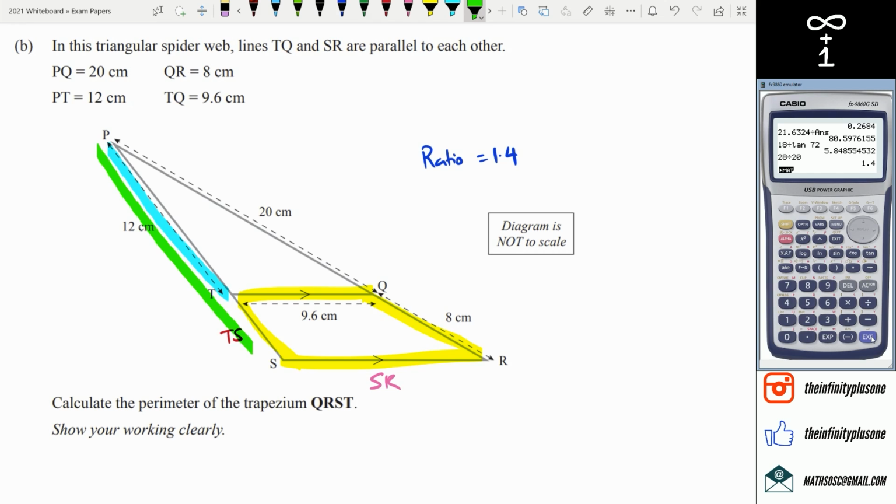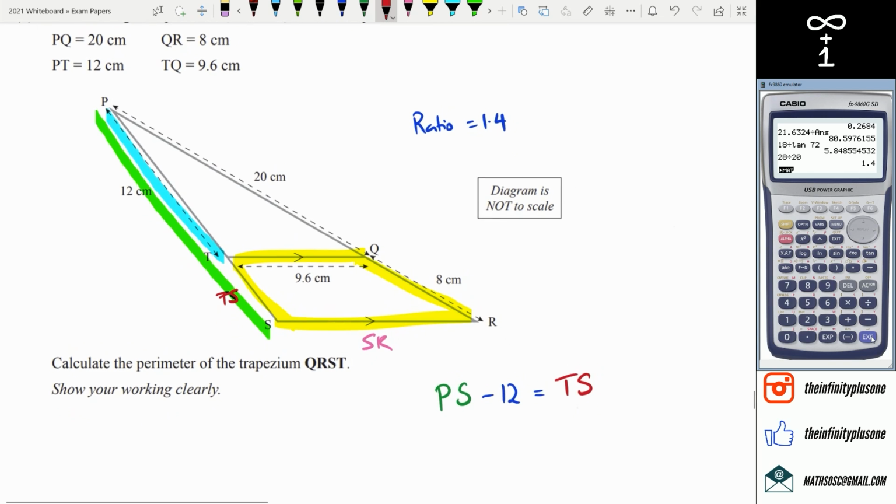Then I've got PS, which happens to be from here. So I can see that PS minus 12 is equal to TS, which happens to be that red one there.